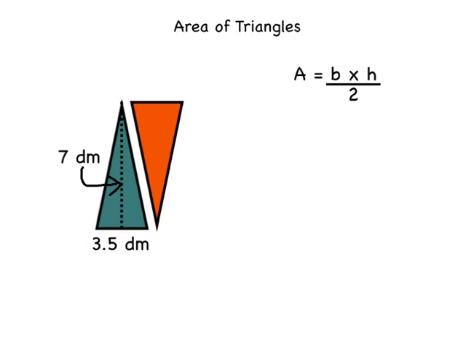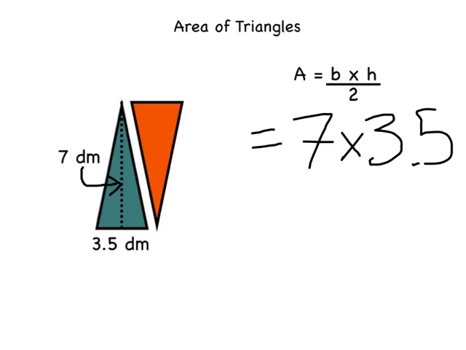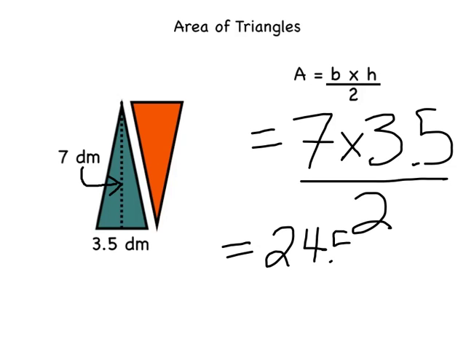So let's carry on, and I can say that 7 times 3.5, and we can divide it by 2. Now I know that 7 times 3 is 21, so 21 would be a very good estimate, but if I put it in my calculator, I know that 7 times 3.5 is 24.5, and then we're going to divide by 2.